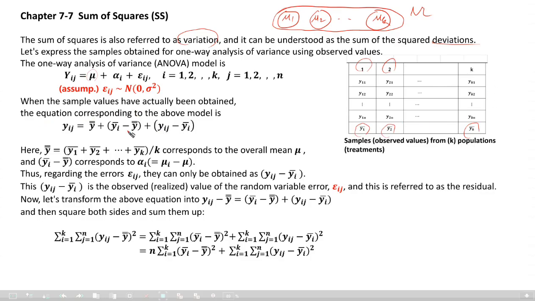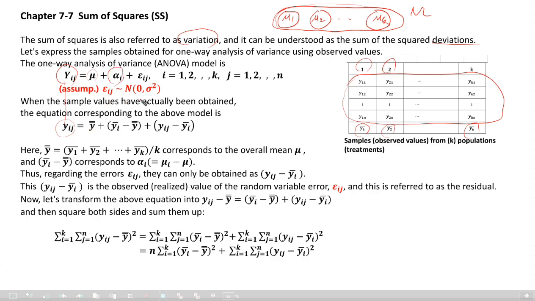When the sample values have actually been obtained like this, the equation corresponding to the above model is what? Small yij is a real value, while the capital one is a random variable. Mu is the grand mean, the total mean, so the mean of all the samples: y double bar, plus alpha i.